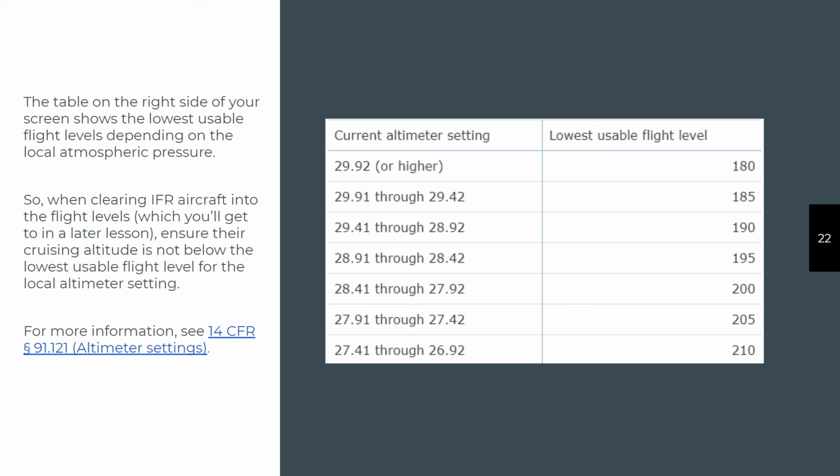And it gets to the point where to get higher, I'm actually encroaching on the 29.92 value that we use for standard pressure above flight level 180, the so-called transition altitude.